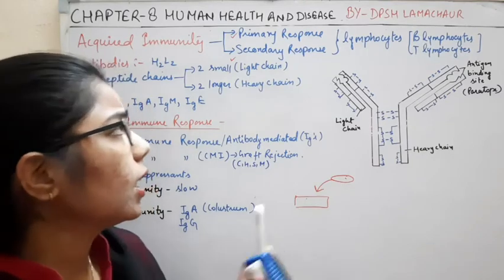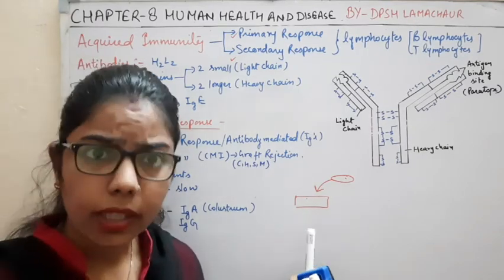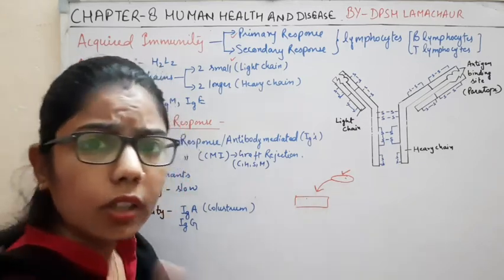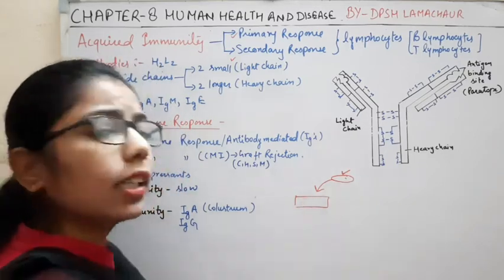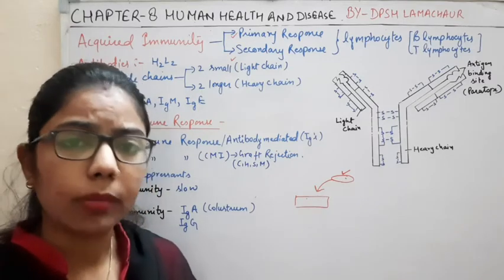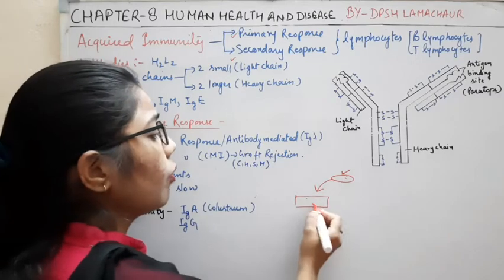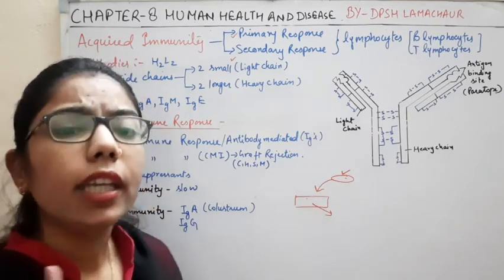We have done this one. So this is preparing the antibodies for these antigens. Antigens are those pathogens which attack the individuals, and in response to this antigen, the body will form the antibodies.